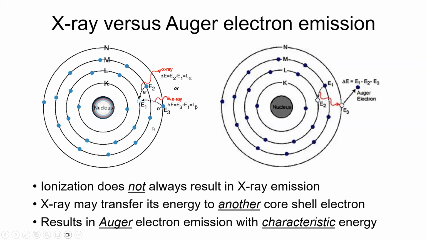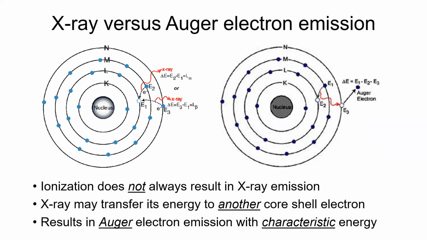Well, that doesn't always happen, okay? What could happen is after I generate this X-ray, the X-ray still has to escape the atom. And what can happen is it can be absorbed or transfer all of its energy to another core shell electron. And if it does that, the X-ray is not going to be emitted. You're going to get an electron emitted instead of an X-ray, and this is what's called an Auger electron, okay?